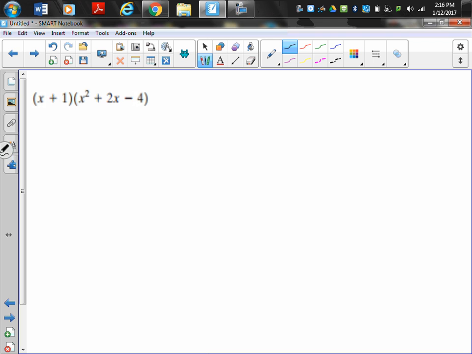Quantity of x plus 1 times the quantity of x squared plus 2x minus 4. What's the first thing I got to do with any math problem?